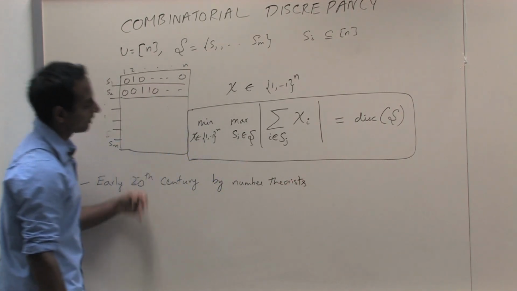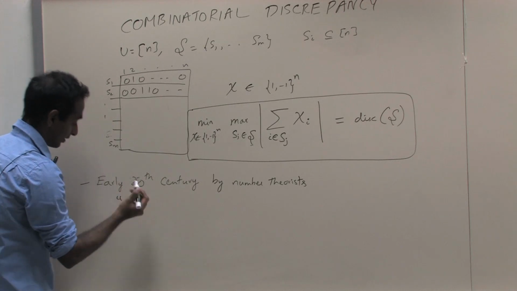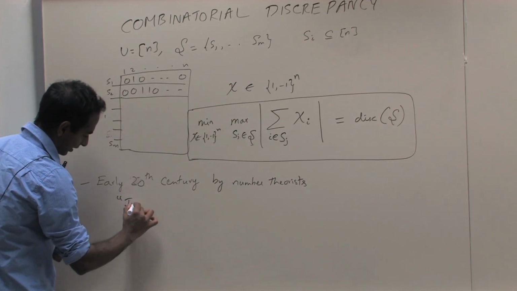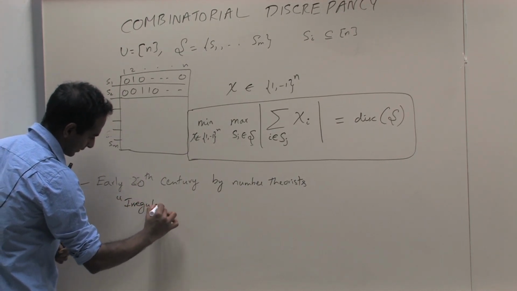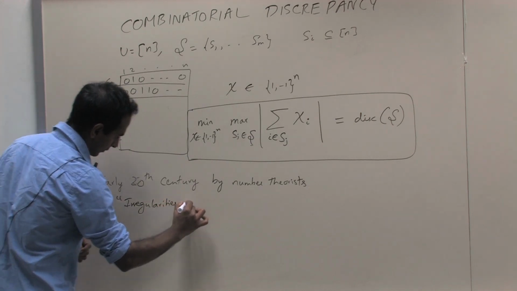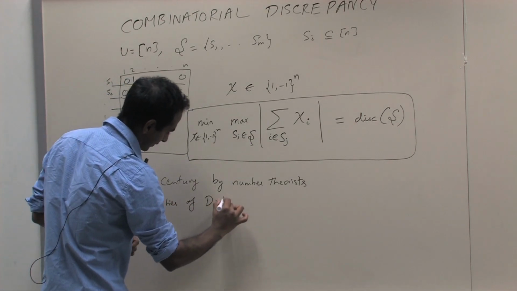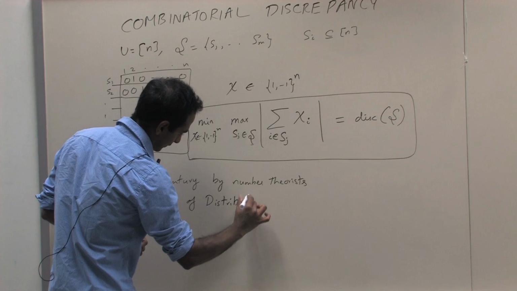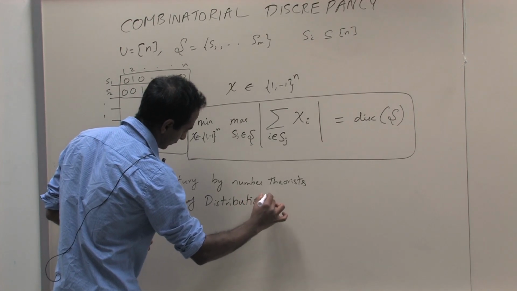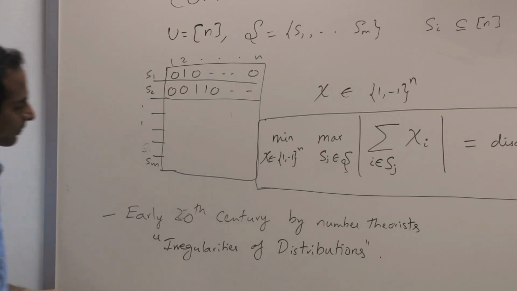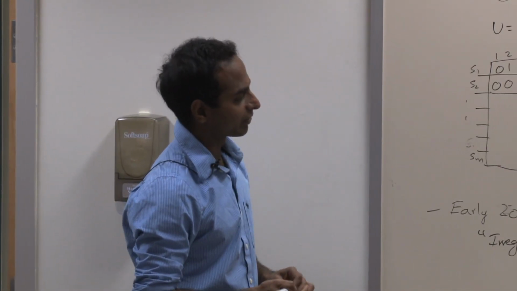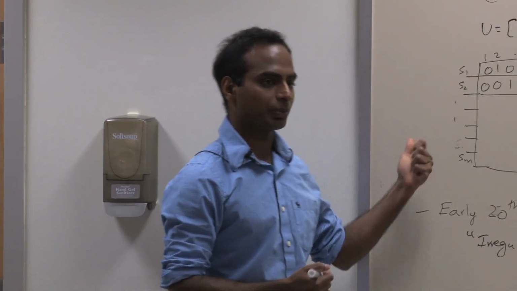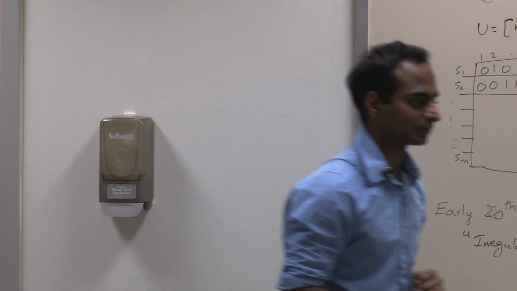They studied this topic under the name irregularities of distributions. Since then it's taken off, especially in the past few decades because of its relation to computer science, as we'll see.